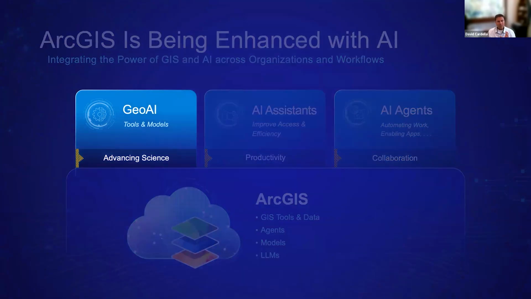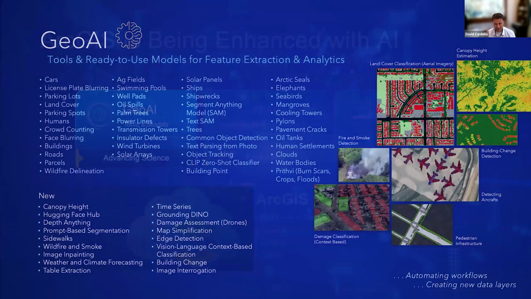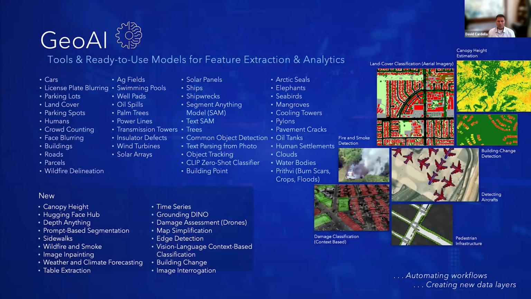The first is GeoAI, and this is all about advancing science. So in the area of GeoAI, we provide a library of pre-trained models. These models are available through the Living Atlas, and they are making geospatial AI easier than ever.